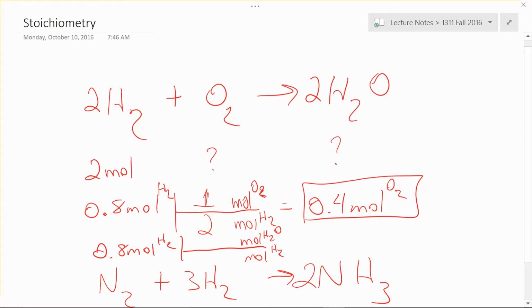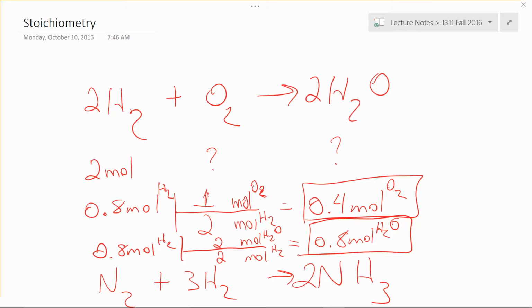What's the coefficient for H2O? 2. What's the coefficient for H2? 2. So what do I get? I get the same thing, right? Because 2 divided by 2 is just 1, so 0.8 times 1, I get 0.8.